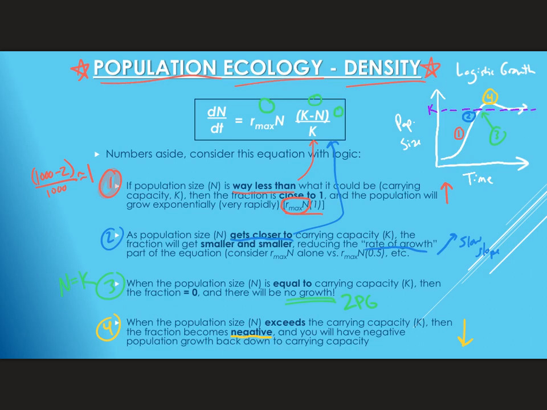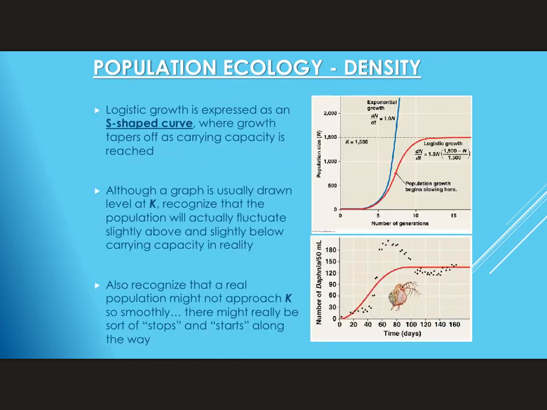And it's going to move back to carrying capacity. So again, we will continue to review this, but notice we don't expect you to use numbers with this formula. We just expect that the formula itself makes sense to you.